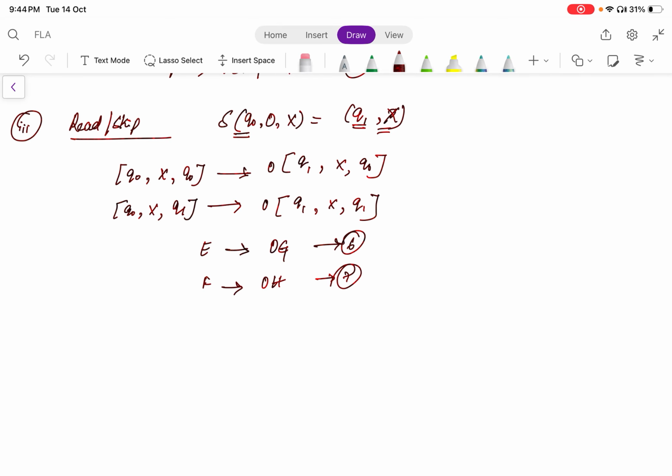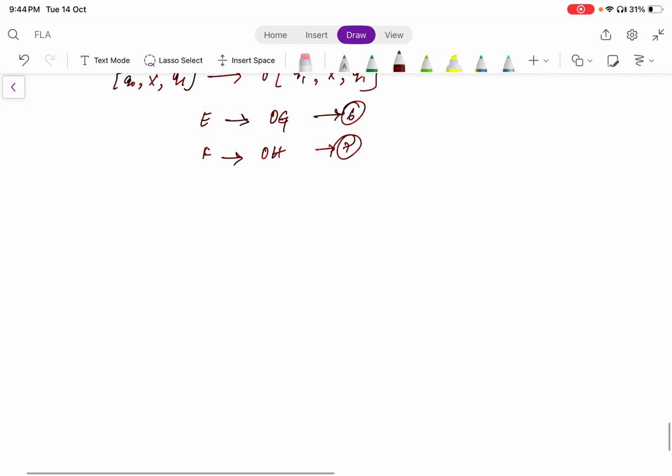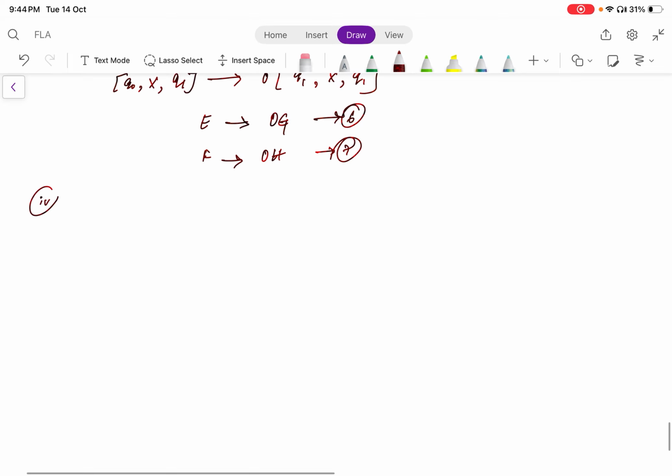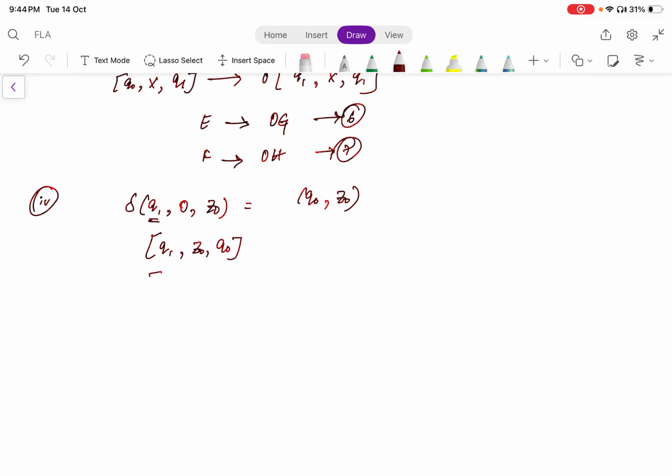Now the first read operation is done. Now we will move on to the second read operation, that is delta of Q1 comma 0 comma Z0 is equal to Q0 comma Z0. The given state is Q1, stack symbol is Z0, we are writing for Q1.